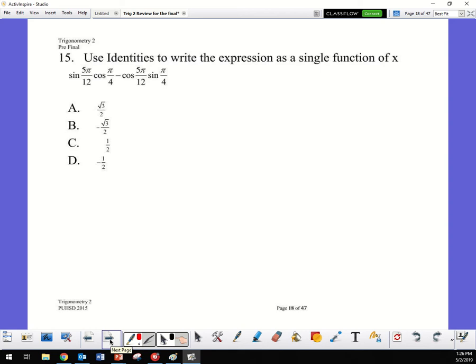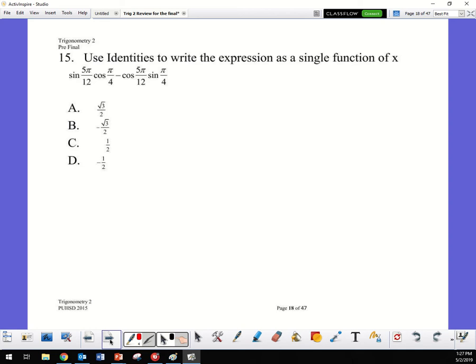Okay, next one. Use identities to rewrite the expression. This is on your reference sheet. Please find this on the reference sheet because I want you to look carefully at your reference sheet and find this. You're trying to find it to say sine, cosine, minus cosine, sine.